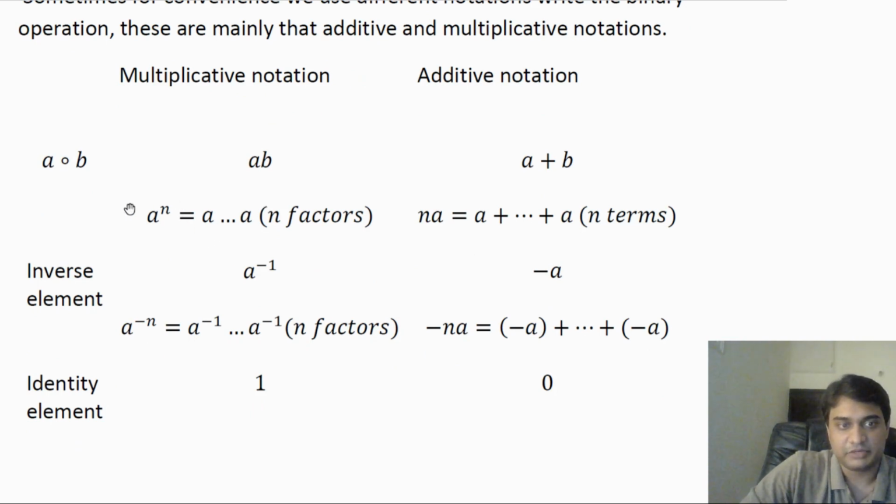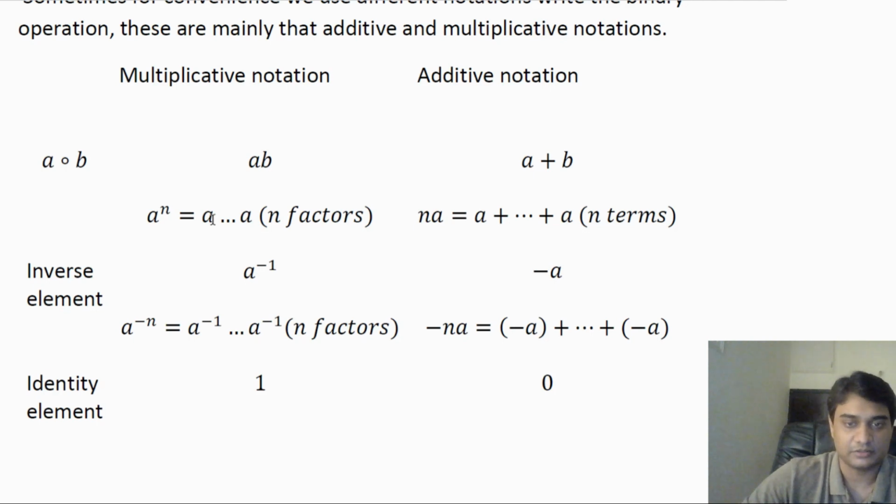In multiplicative notation it is A to the power n, and in additive notation it is n times A, which is just adding A n times. Both mean basically the same: multiplying A by itself n times and adding A to itself n times is the same as composing A with itself n times.